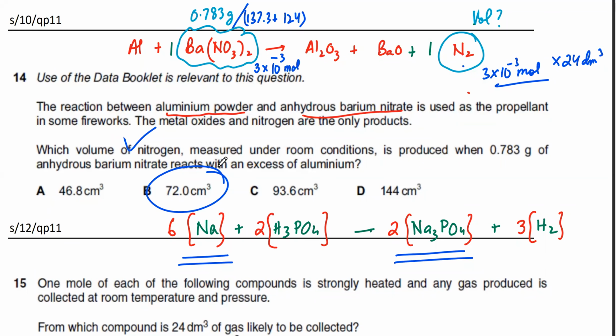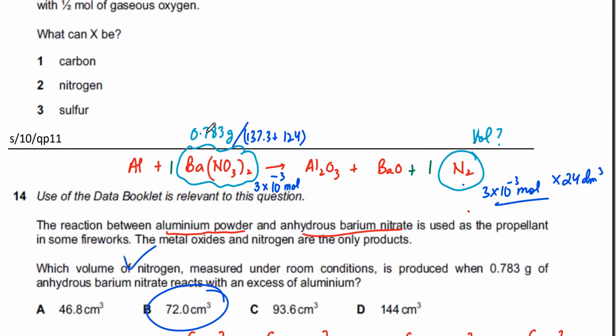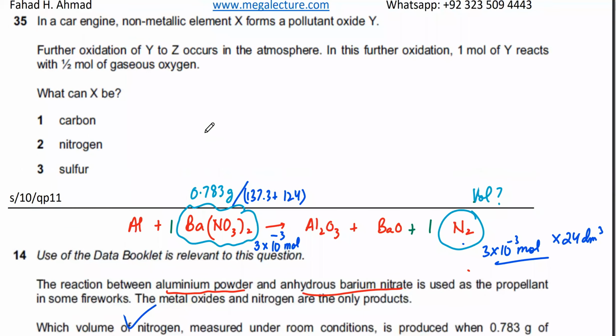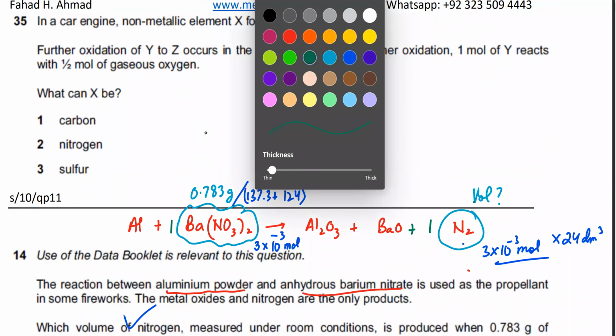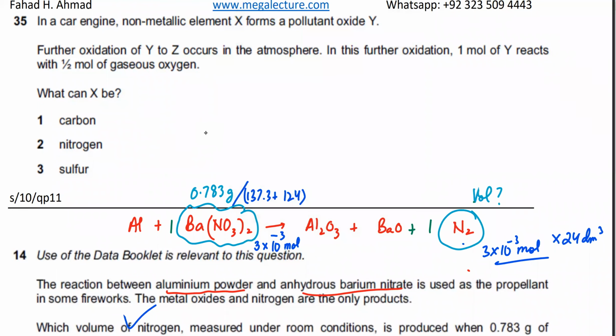So the whole point is, just remember the ratio. For example, they give you a question that a metal reacts with an acid like phosphoric acid. You don't know what the metal is, and they're saying that the metal reacts and produces a salt. You have no idea what the metal is, and no idea what the charge on M is. But he's saying that it produces a salt plus H2 gas, right? They've given you the moles of the phosphoric acid, and they're asking you to find the volume of H2 gas.